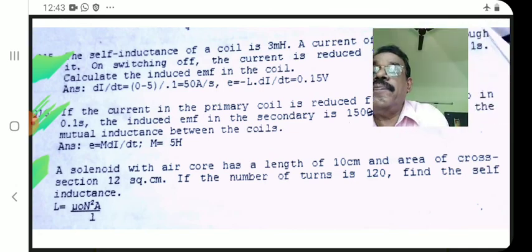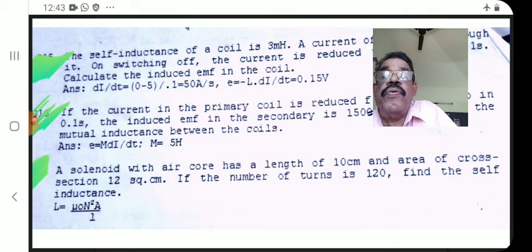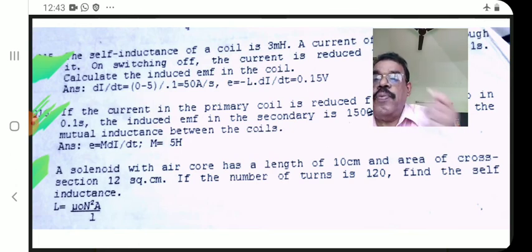Another problem. A solenoid with air core has a length of 10 centimeter and area of cross section 12 square centimeter. If the number of turns is 120, find the self-inductance. The formula is L is equal to mu 0 n square A by l.